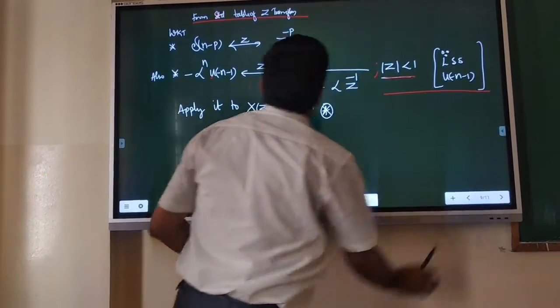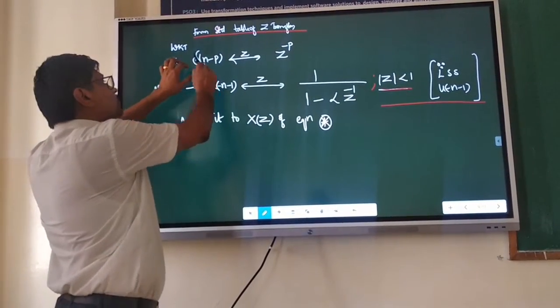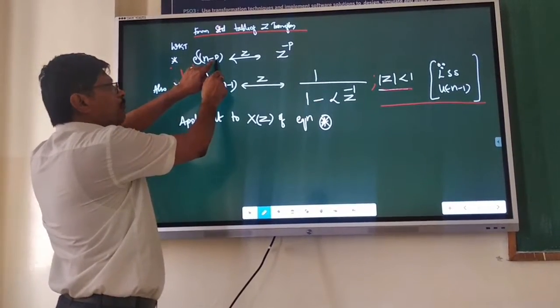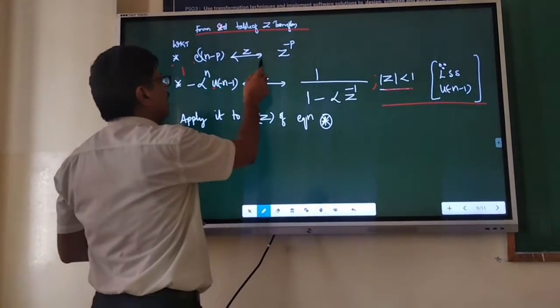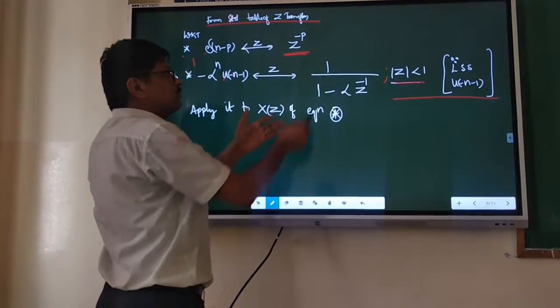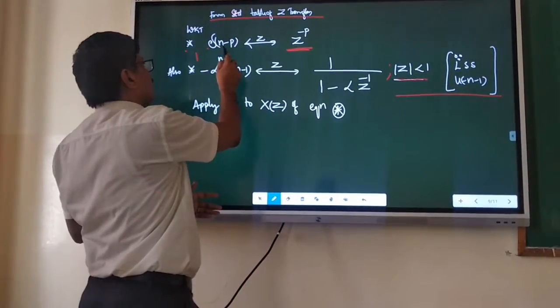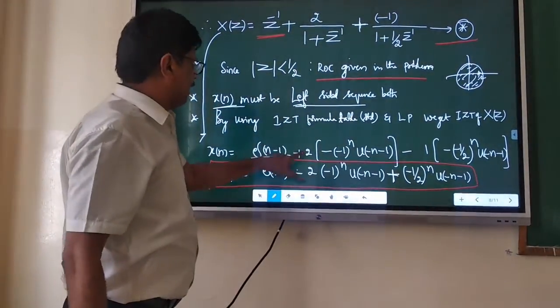For example, we know that the transform of a shifted function delta(n minus p) is z to the power minus p. Similarly, if you take the inverse z transform of z to the power minus 1, delta of n minus 1 is there. That is how you write delta(n minus 1).